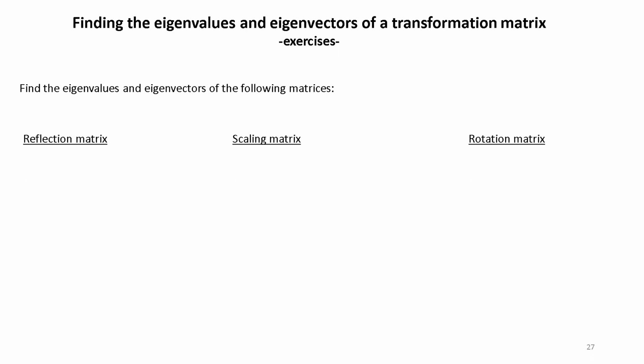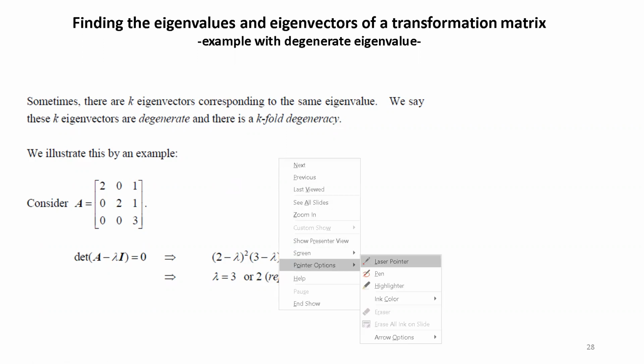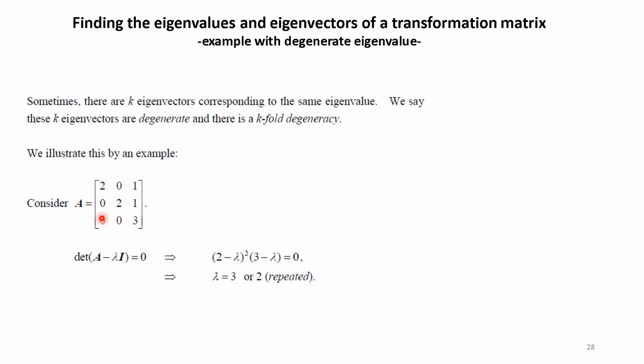So here, in the next example, I want to focus on the case where I have a repeated eigenvalue. What I have here is a 3x3 matrix, and we are going to find the eigenvalues and eigenvectors. For this matrix, we can see that there are not three distinct eigenvalues.